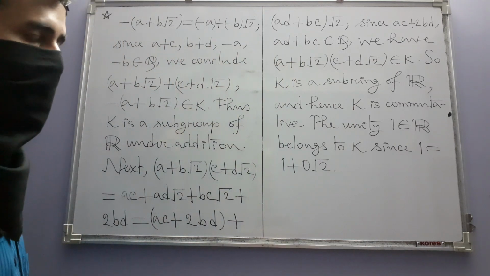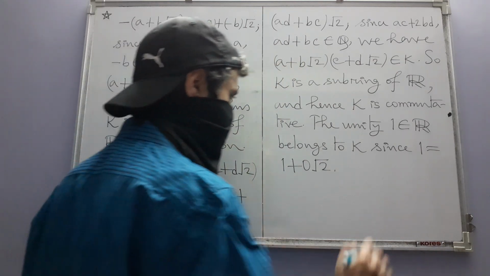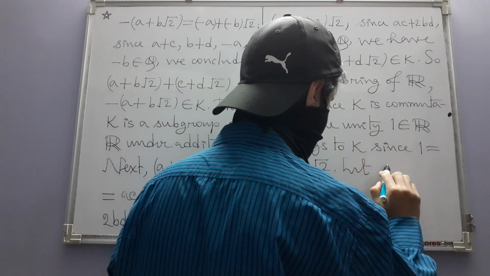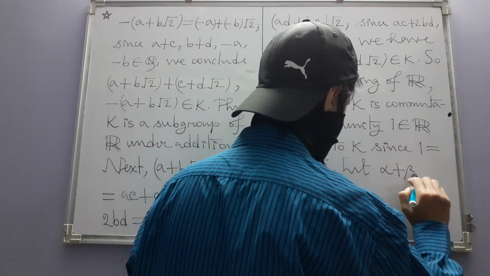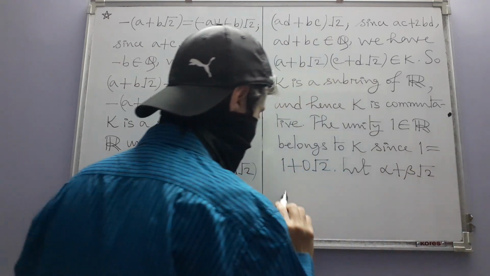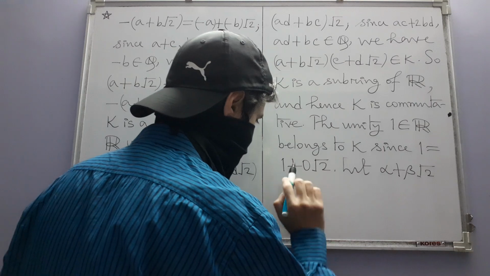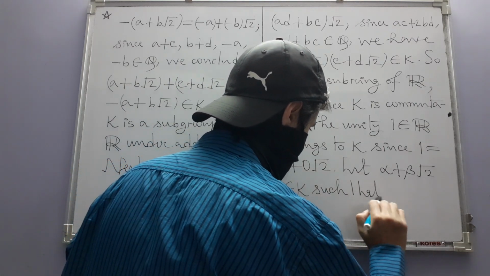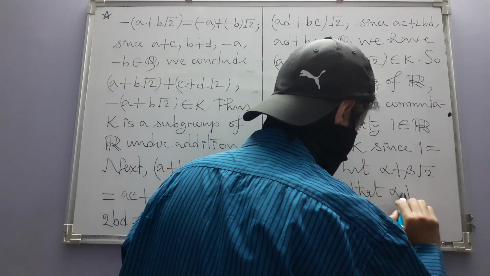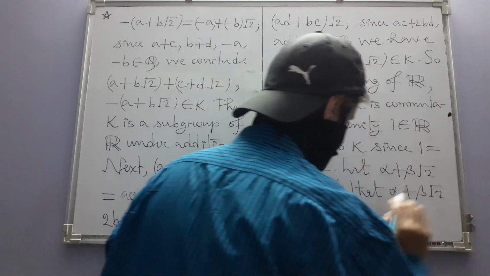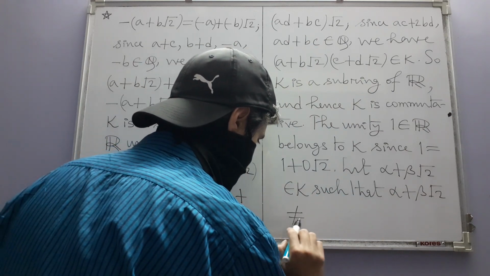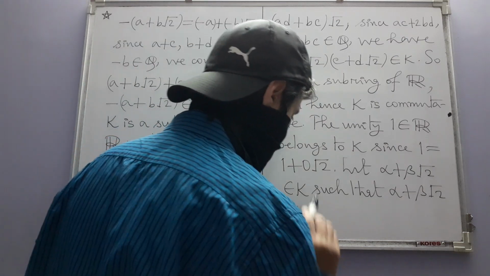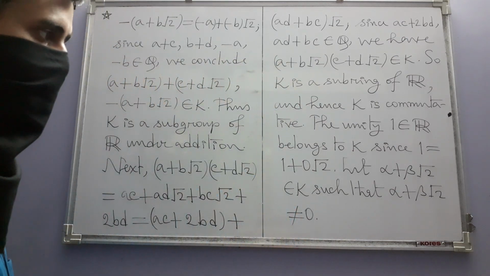And now finally, let's consider a non-zero element in K. Let alpha plus beta root 2 belong to K such that alpha plus beta root 2 is not equal to 0. Okay.